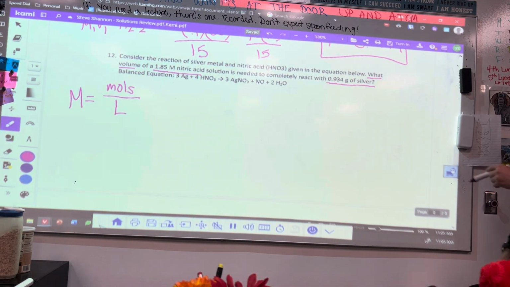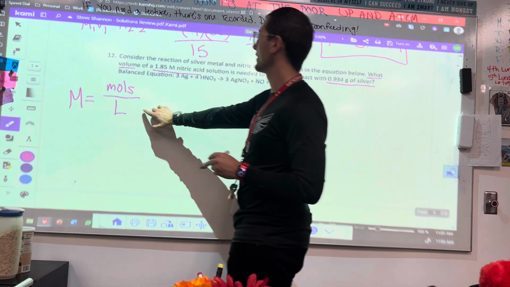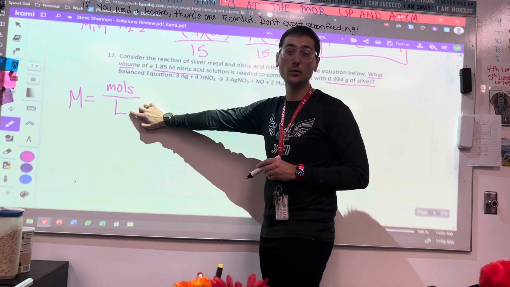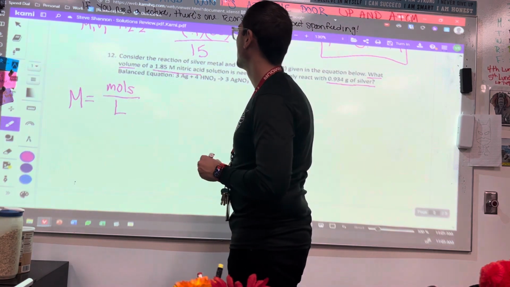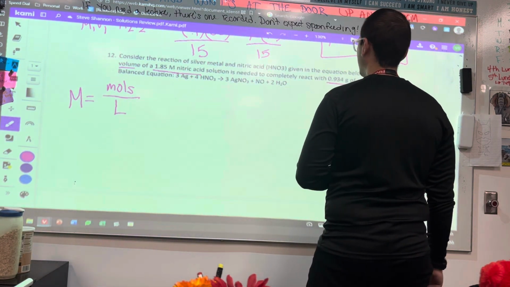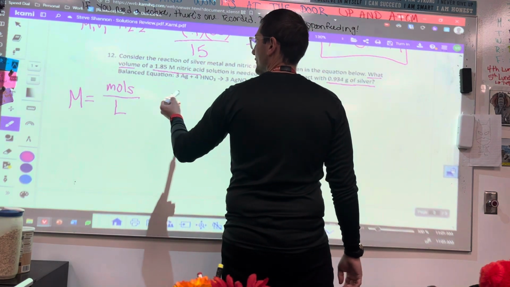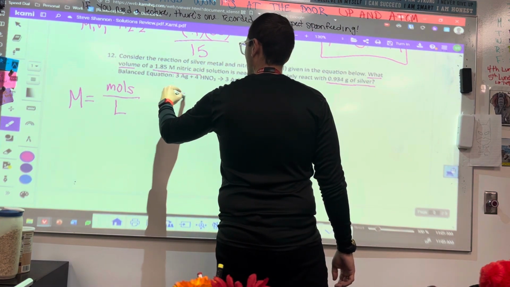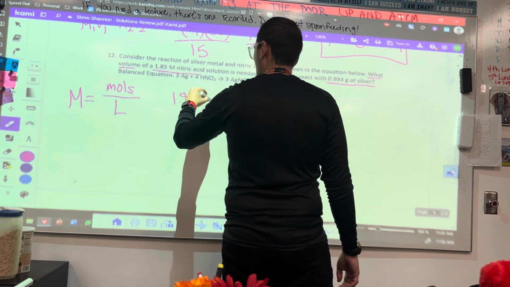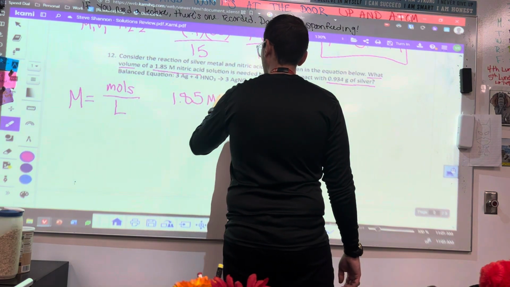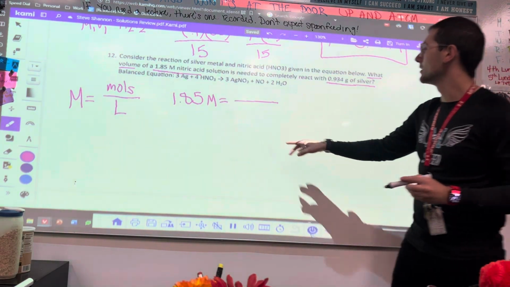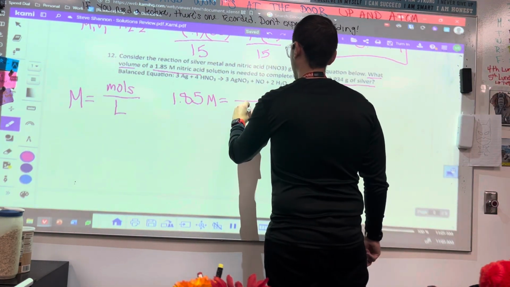So our unknown is going to be the liters. This is where we're eventually going to wind up. And we're given a 1.85 molar nitric acid solution. So we're going to do 1.85 molar equals, and down on the bottom, this is our unknown.